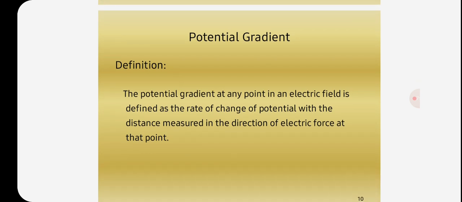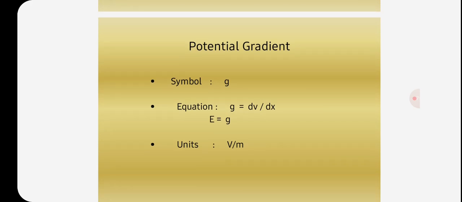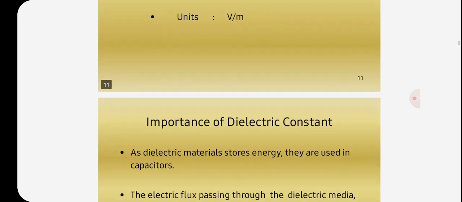The potential gradient symbol is small g, and the equation is g equal to dV by dx, that is, E is equal to g, and the unit is volt per meter.